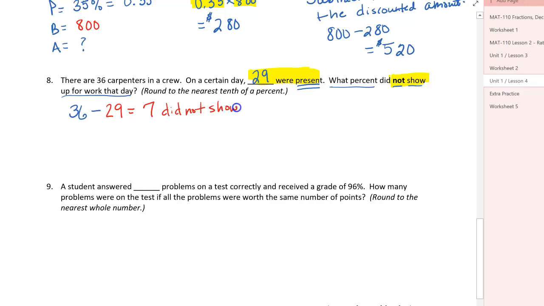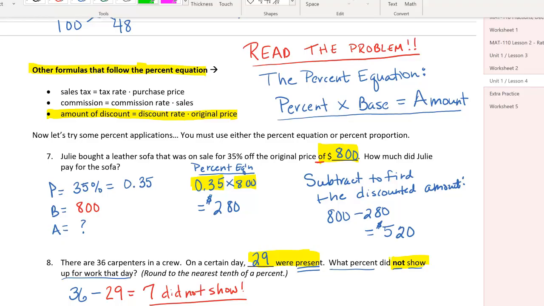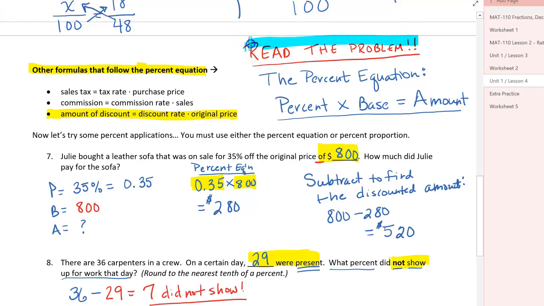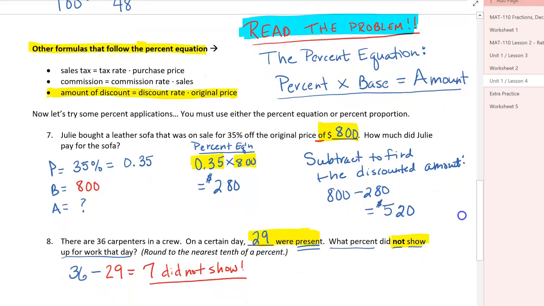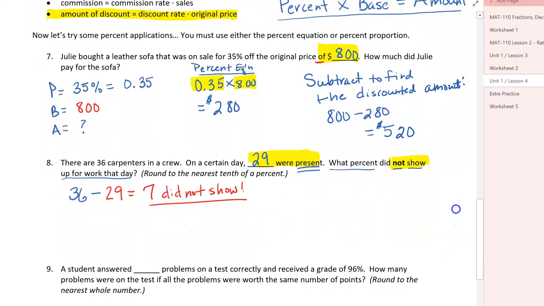So that's why after the previous example, I stressed it's really important that you read the problem, because sometimes they're going to try to trick you, but if you're reading the problem and paying attention, you'll get the right answer. All right, so now we have to figure out what is our percent, what is the base, and what is the amount.